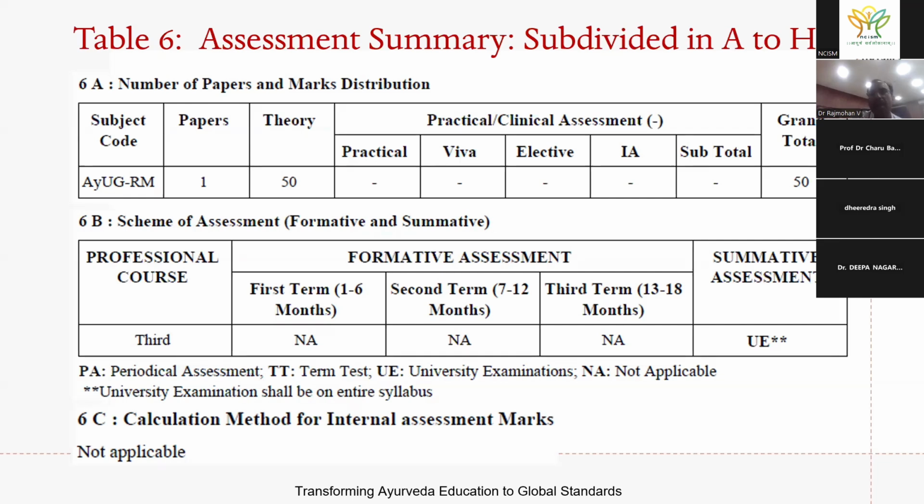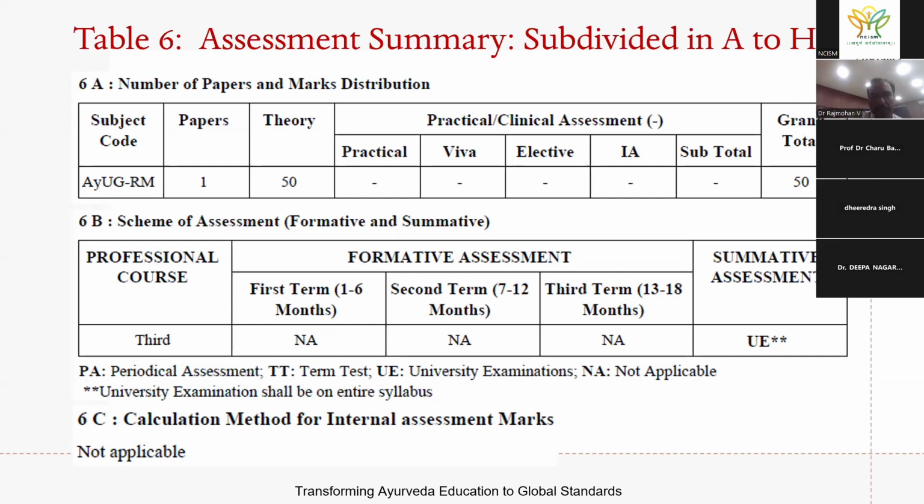To make the students acquainted with the subject prior to the university examination, you may conduct some model examinations or some sort of assessment to make the students remember the subject. That is the only thing.